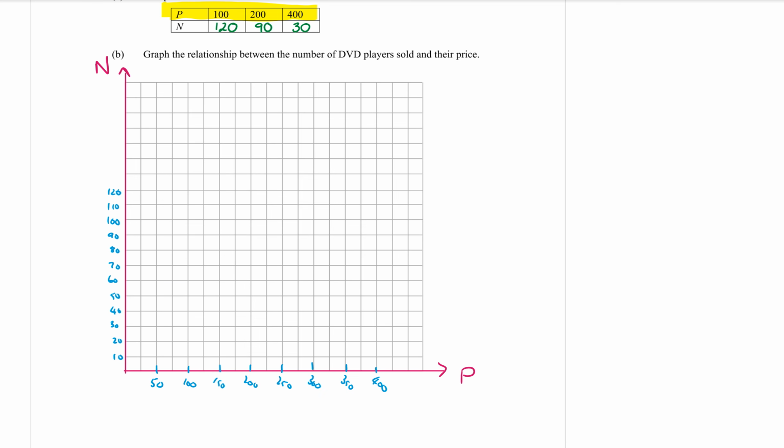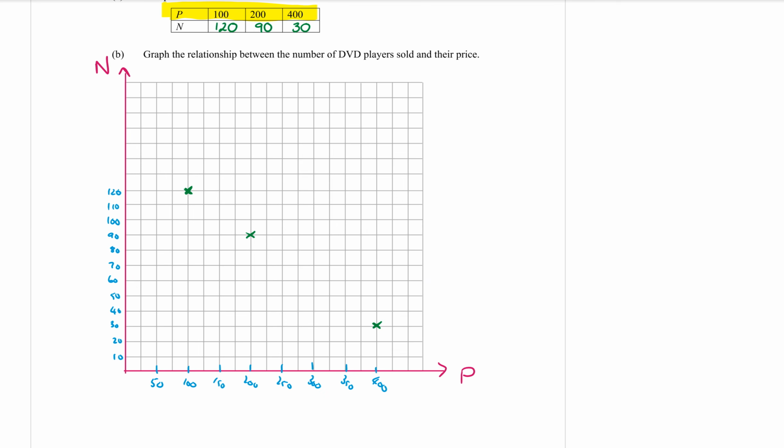So to plot the points that we've been given, when P is equal to 100, so down here at 100, N is equal to 120. We are here. When P is equal to 200, N is equal to 90. And when P is equal to 400, N is equal to 30.